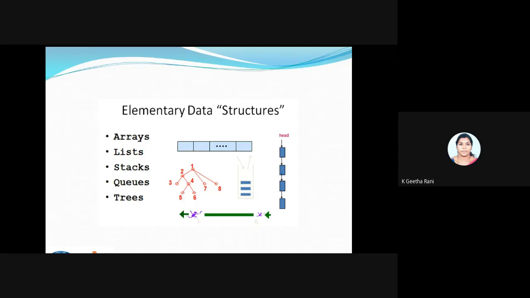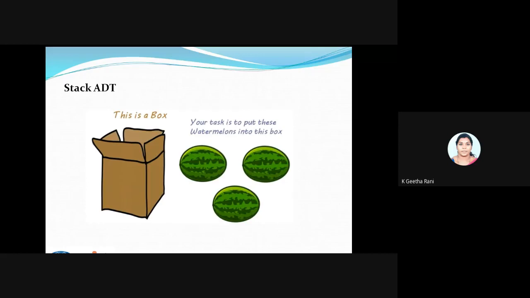For example, if you're going to do sorting or searching, what data structure will be used for handling those types of problems? We're going to learn purely the way of organizing the data, in different forms like arrays, lists, stack, queue and so on. Fine. So we'll get into the stack.